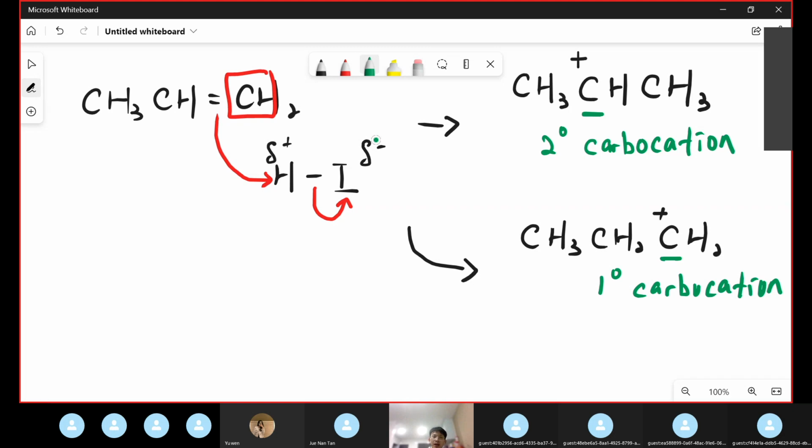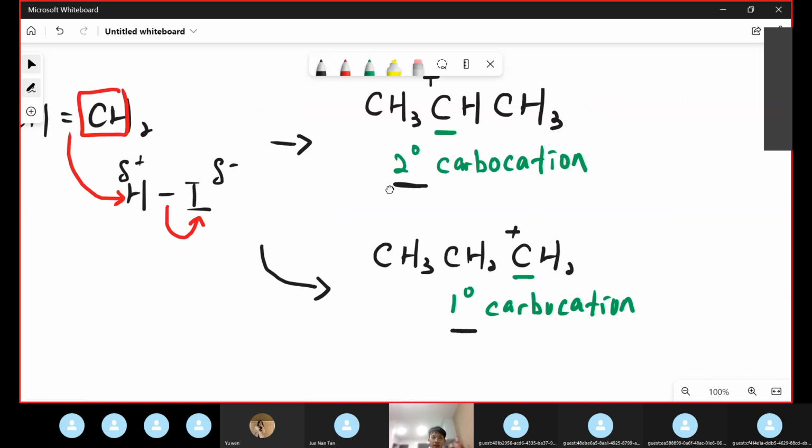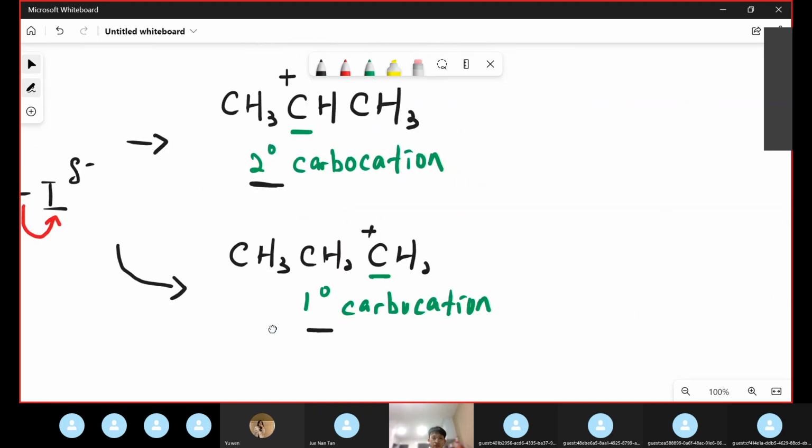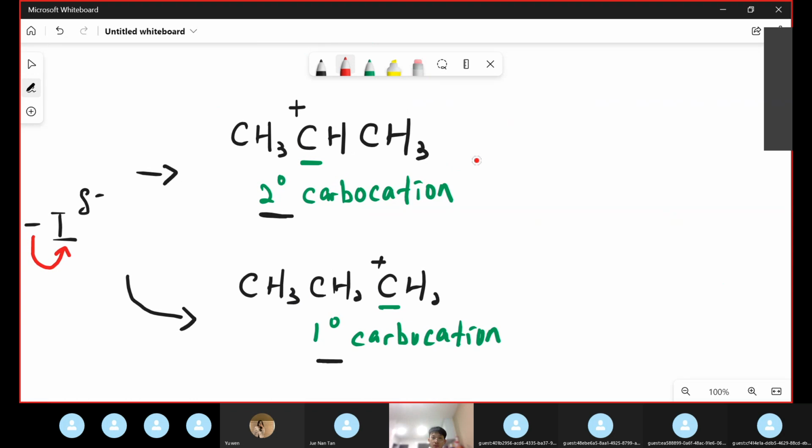Now you can see clearly, one is secondary, one is primary. So from here, we need to talk about stability of the carbocation. The top one is the major product. The bottom one is the minor product.